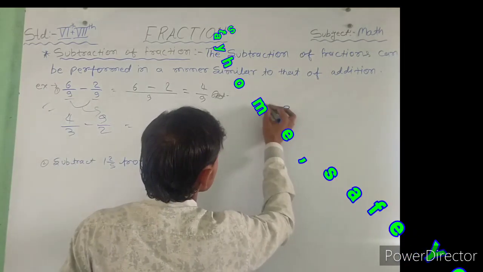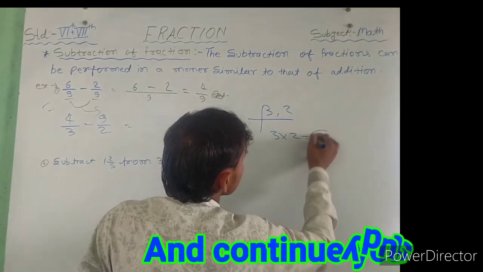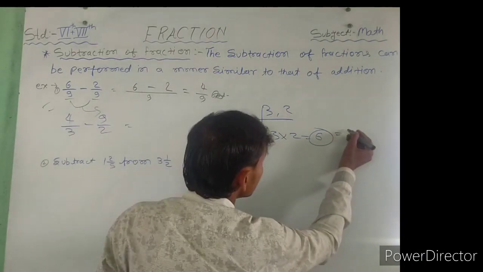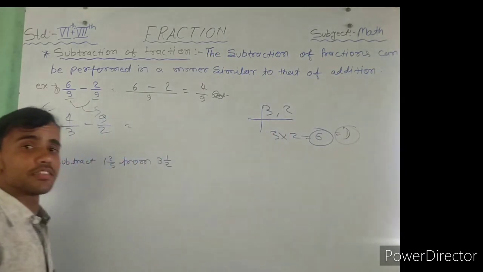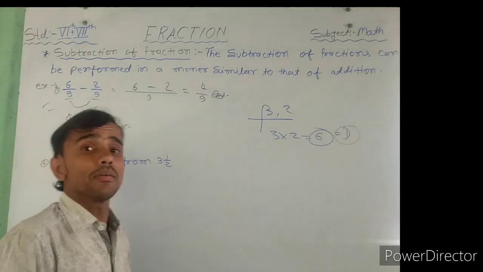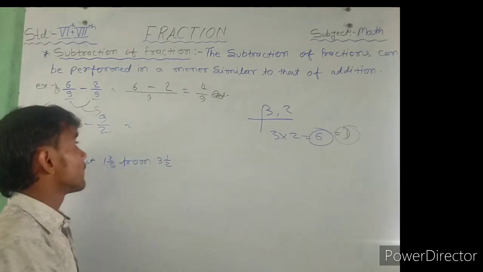If you take the LCM of 3 and 2, how much is it? It is 6. So 6 is your denominator. Firstly you convert unlike fractions to like fractions.